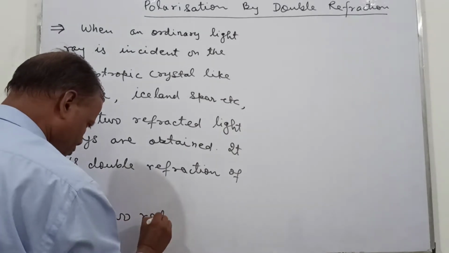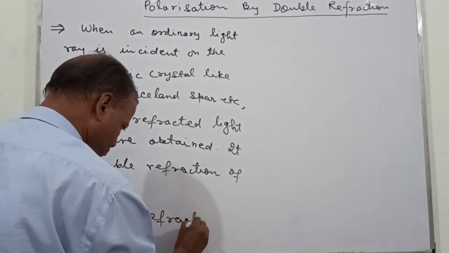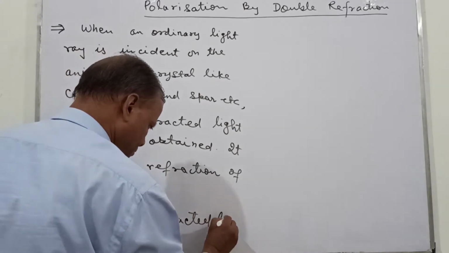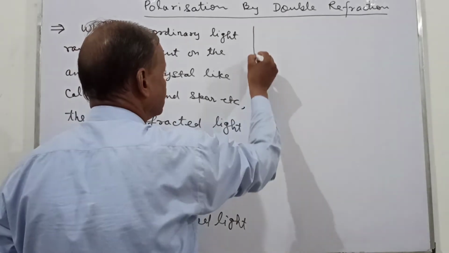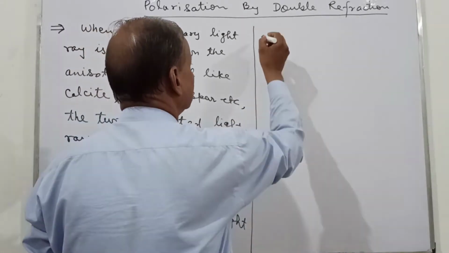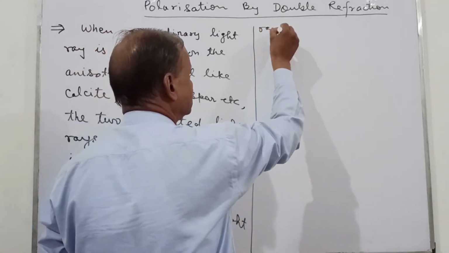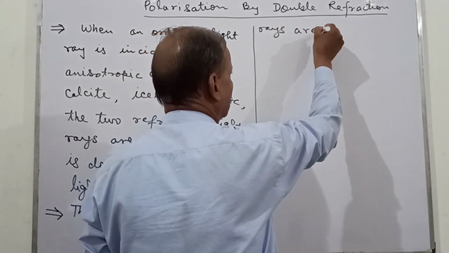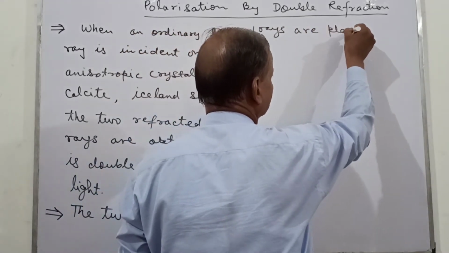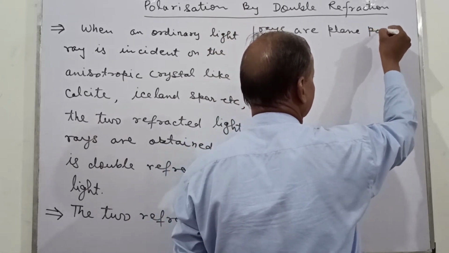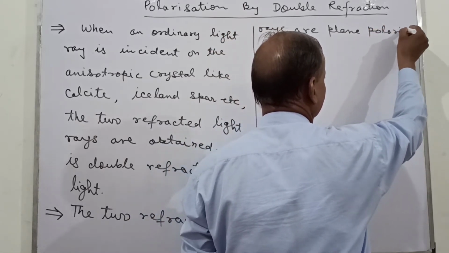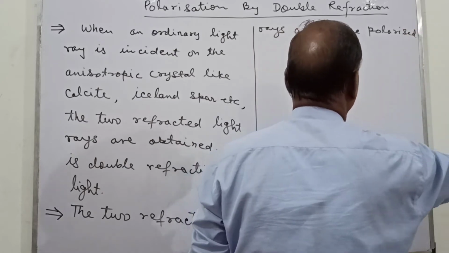The two refracted light rays are plane polarized.